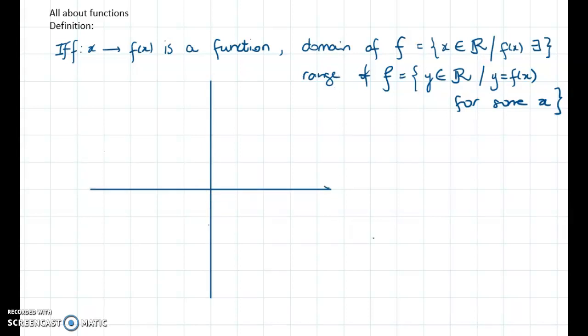Let's say we have our axis here, x and y. I'm going to sketch a function. I'm going to be careful to draw something that passes the vertical line test. So I'm going to start over here. I'm going to go up for a bit, and then my function is going to go down.